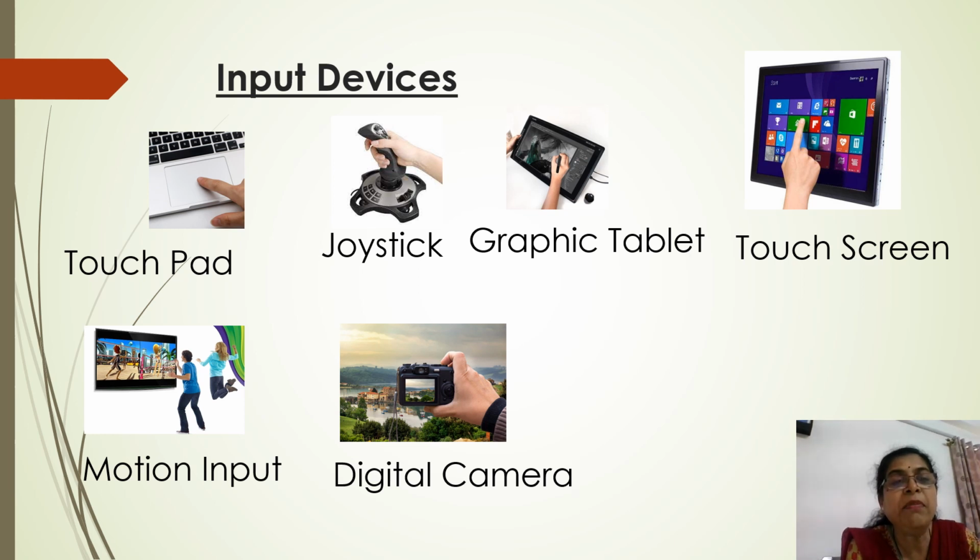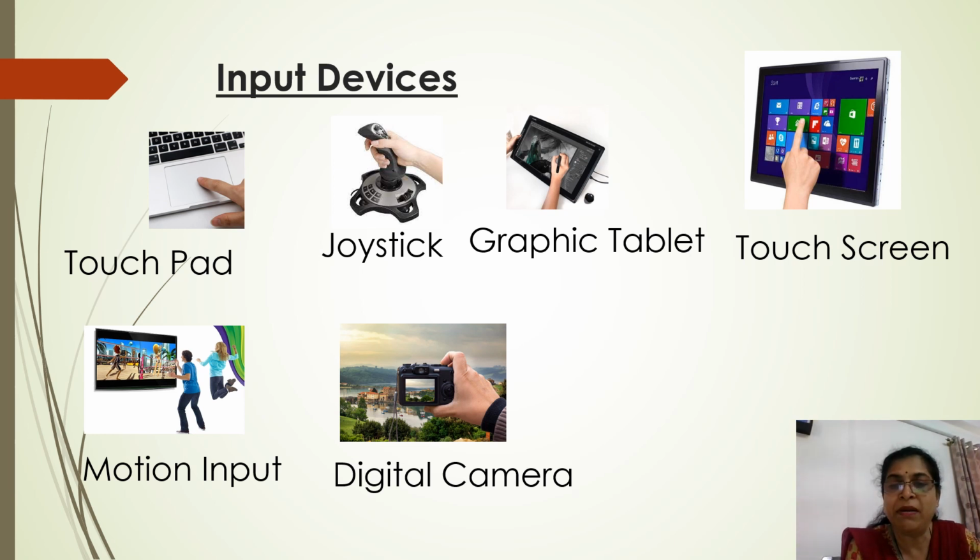Generally, it is used in game devices. See here, a picture is shown. Here, two ladies are moving themselves and they are guiding the game. Okay, they are just playing the game with the help of their own gestures.